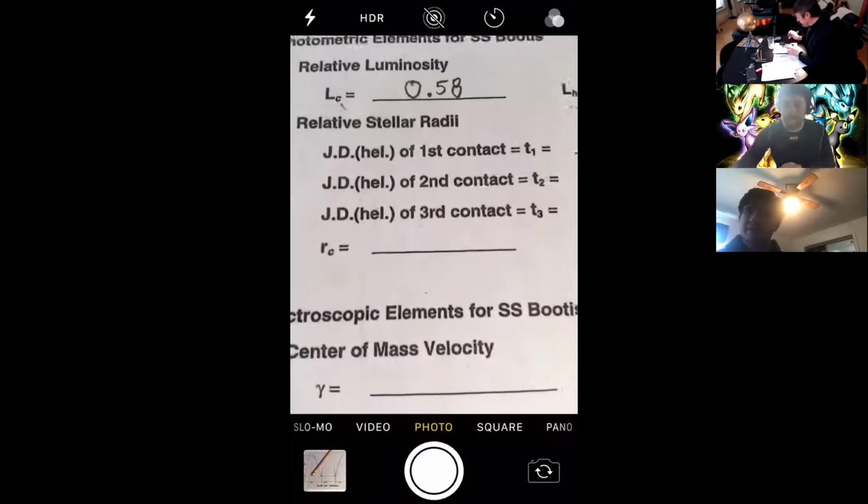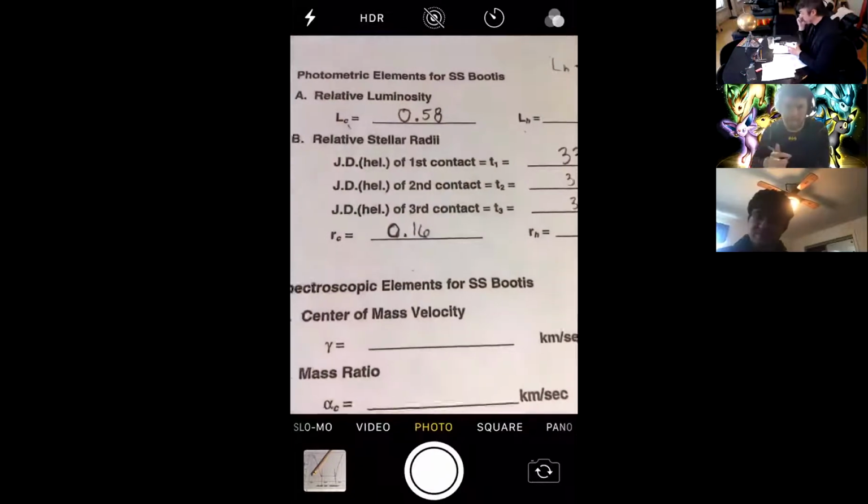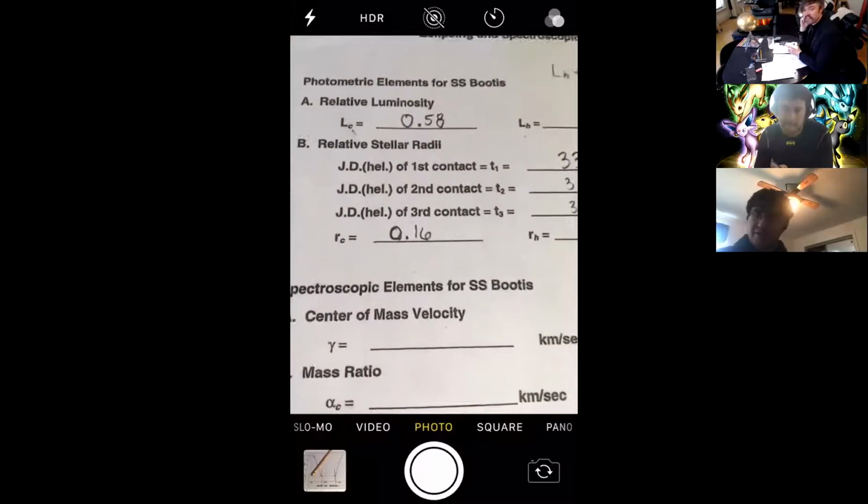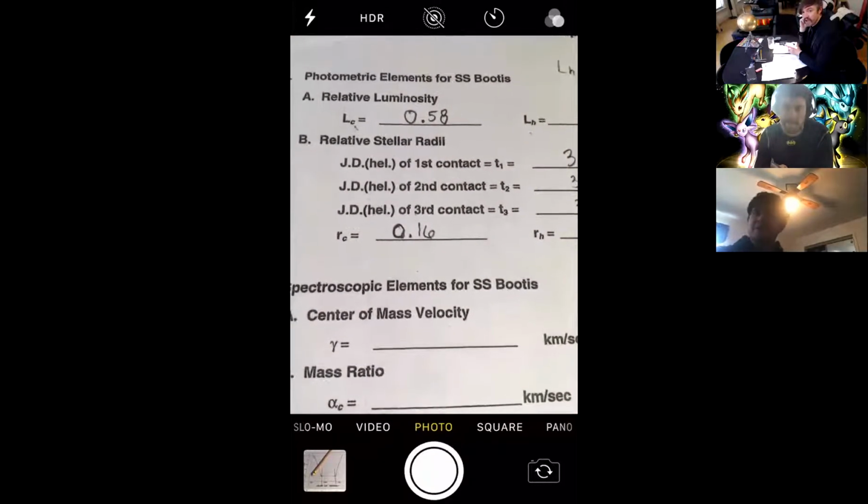All right, so that's the radius of the cold star. Let's just round it to 0.16. And does anyone know what this 0.16 means? It means 16% of the semi-major axis.